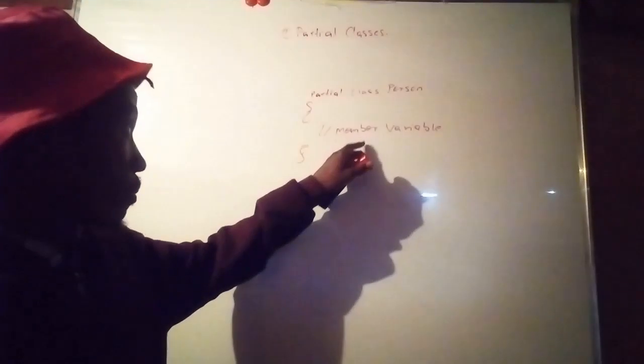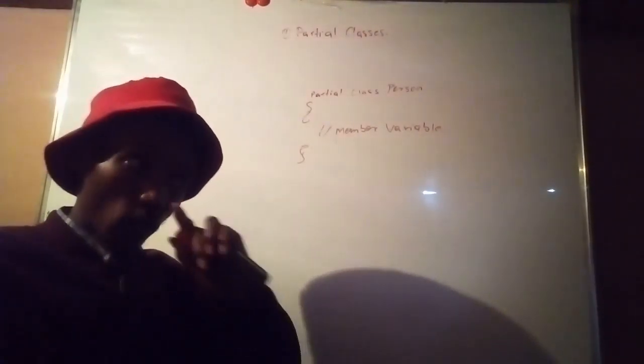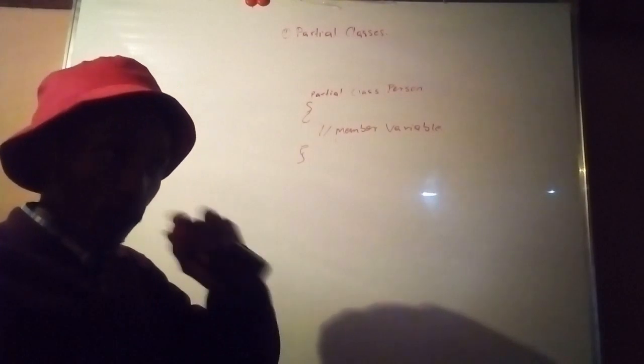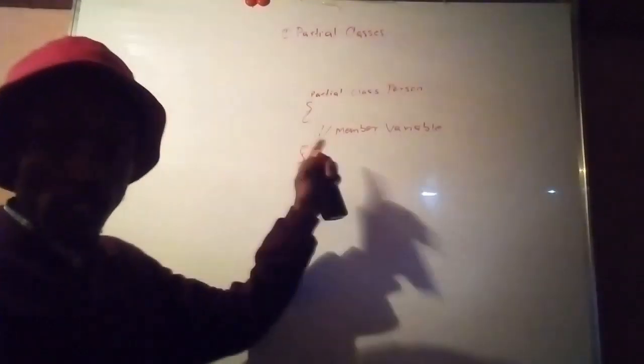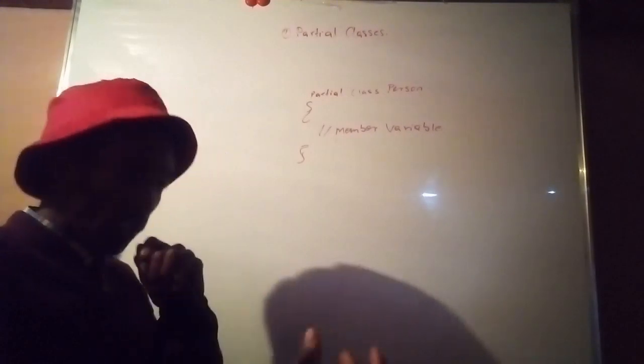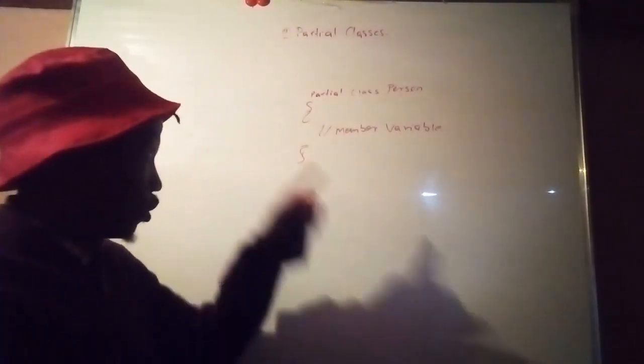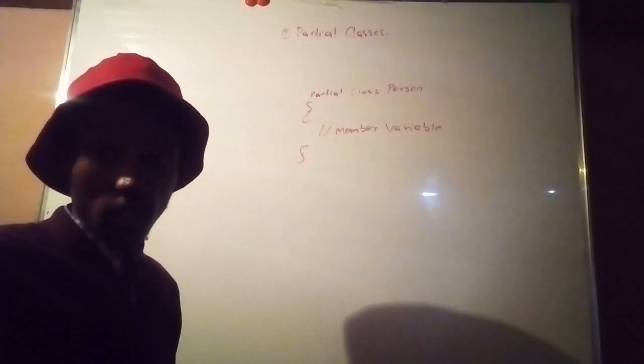Only member variables go in that part. So when you are looking to add a new member variable, you come to this part and add it there. When you are looking for a certain member variable within your class definition, you come to this part and look for it here.